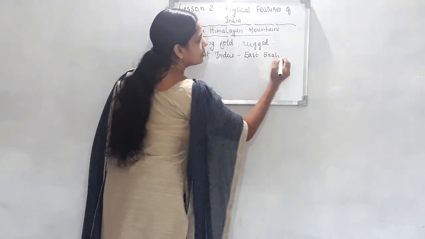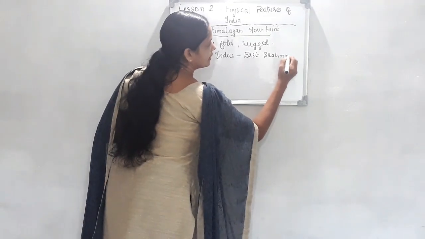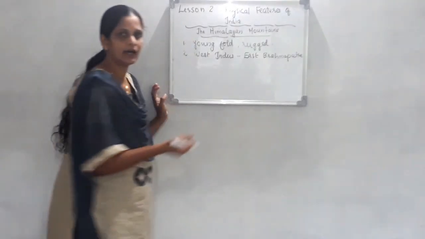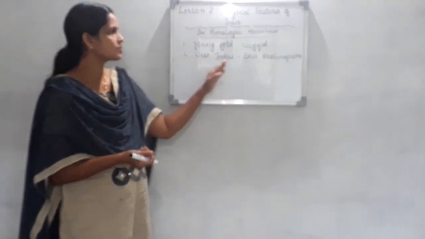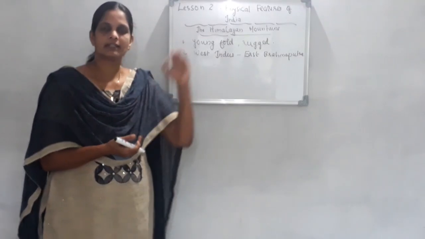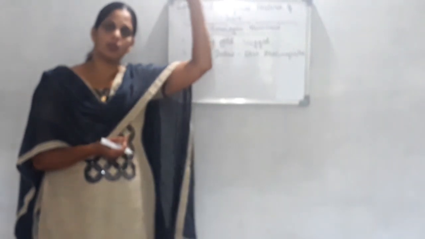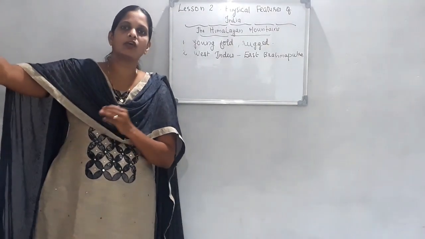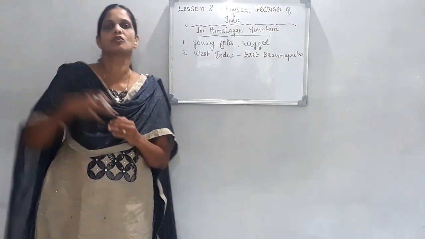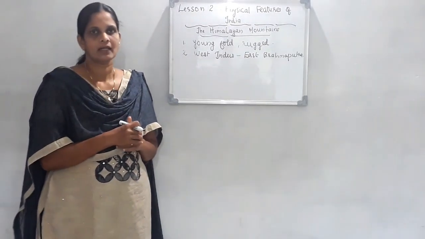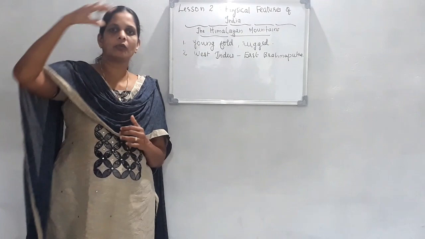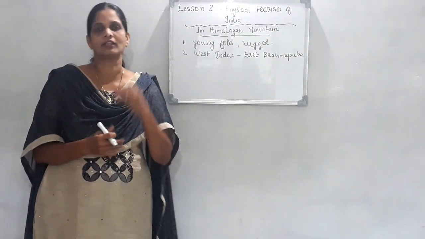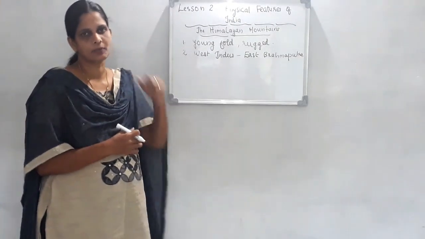That means rivers demarcate, or separate, the mountain barriers from other parts. It extends from the western side as a chain of ranges up to the eastern side of India. That means it occupies a large part of India from the northwest to the northeast.